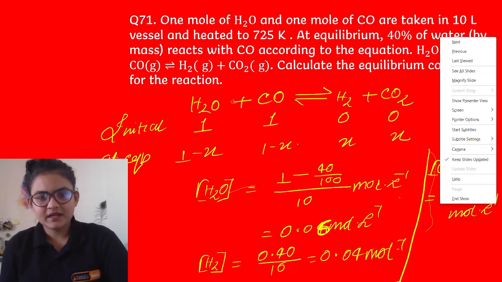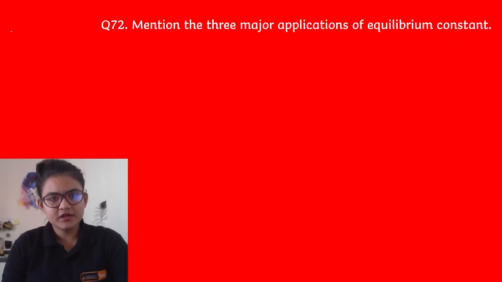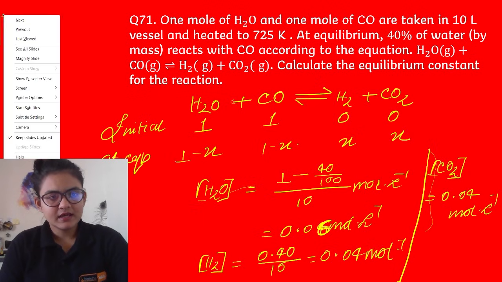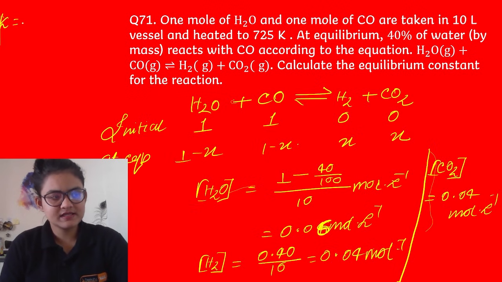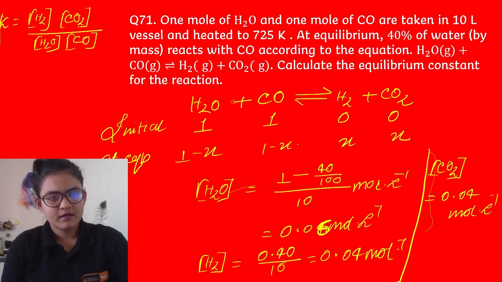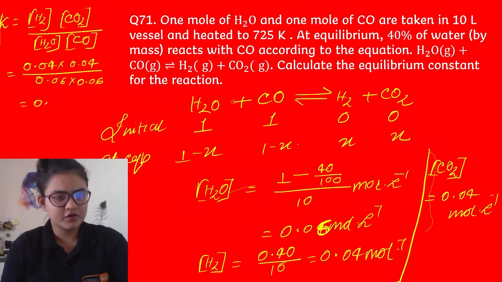Now we can calculate the K value. K is equal to the concentration of H2 into the concentration of CO2, divided by the concentration of H2O into the concentration of CO. If I put in the values, 0.04 into 0.04 divided by 0.06 into 0.06, overall it will come to something like 0.44.